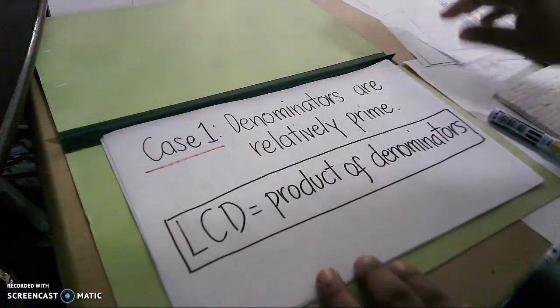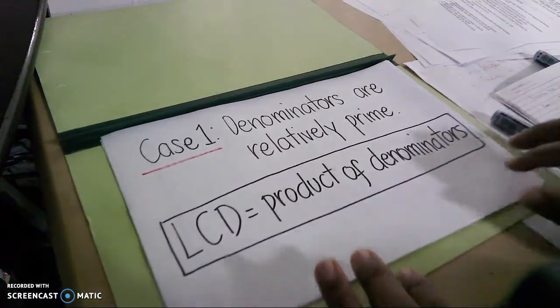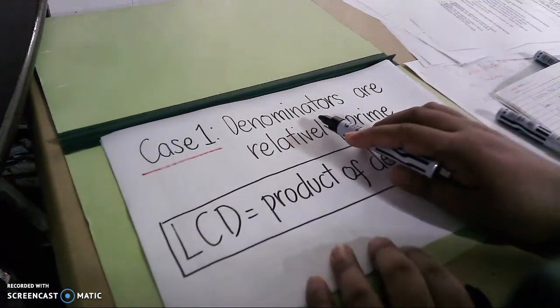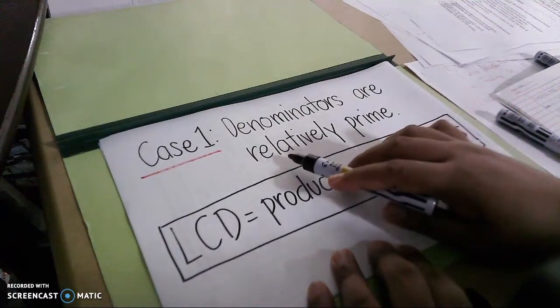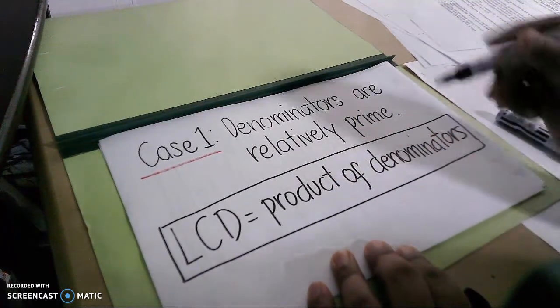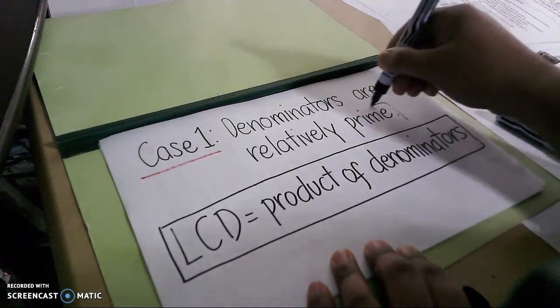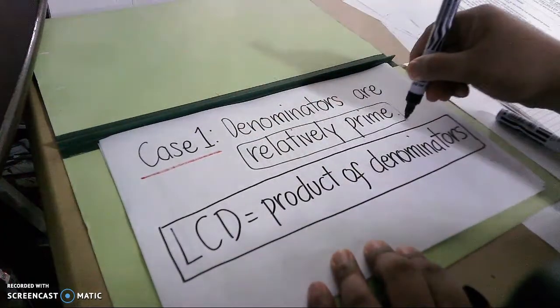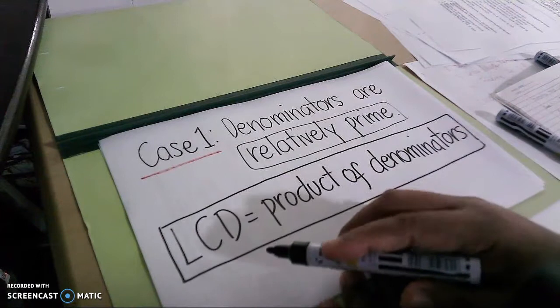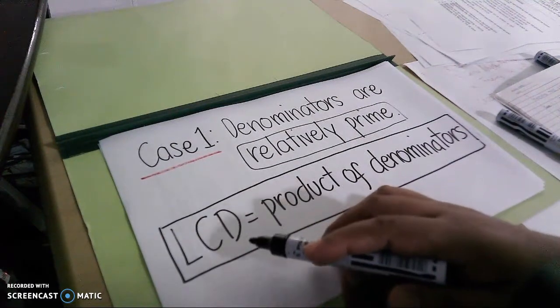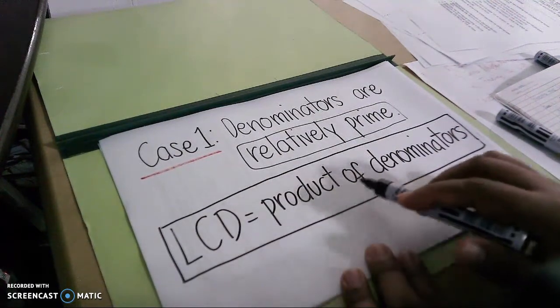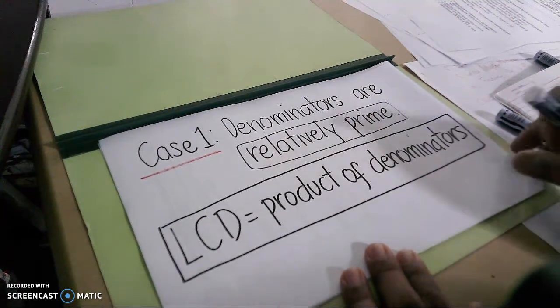The first one, we have case number 1, wherein the denominators are relatively prime. Later we'll explain what relatively prime means. And in this case, the LCD is just the product of the denominators.